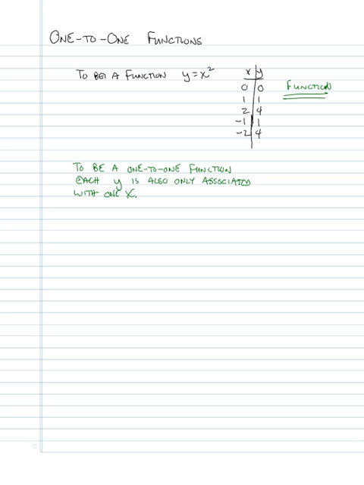Now, first it has to be a function, okay? So that means each x is associated with only one y. But to be a one-to-one function, each y is only associated with one x.